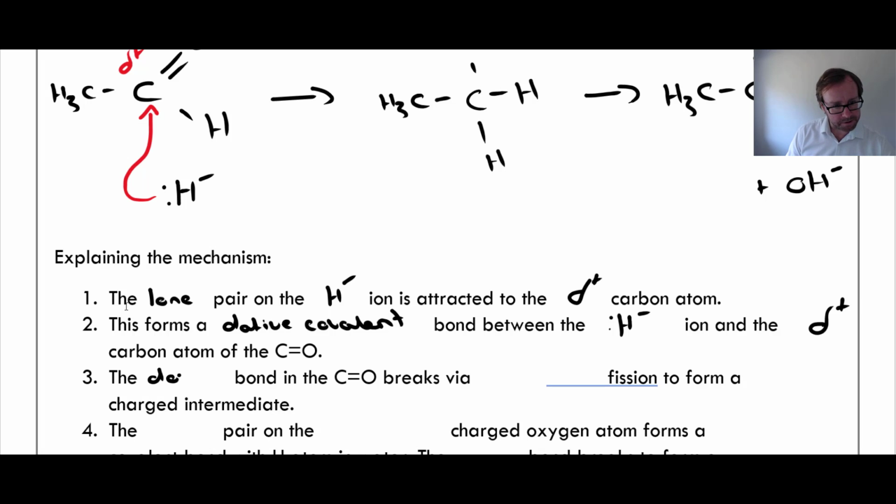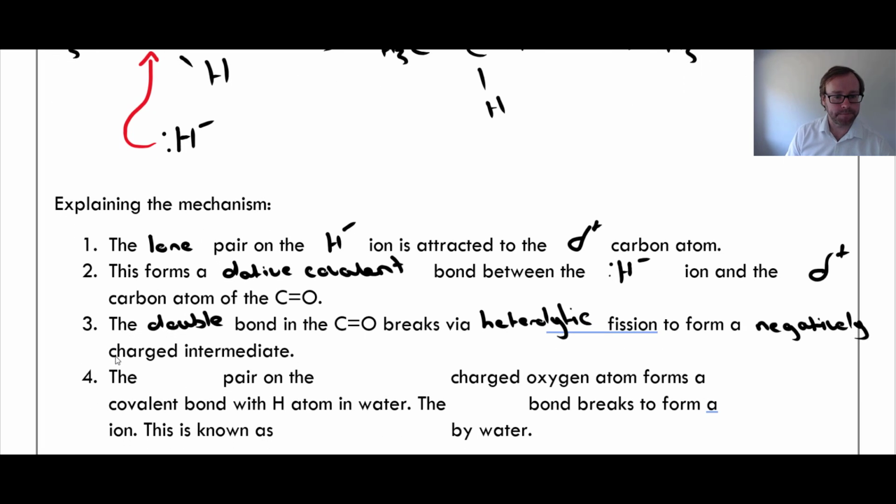The double bond in the C=O breaks via heterolytic fission to form a negatively charged intermediate.